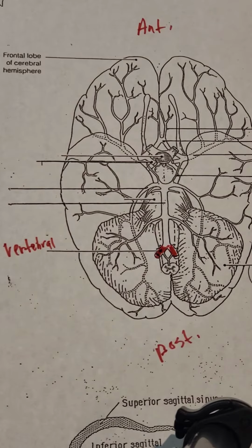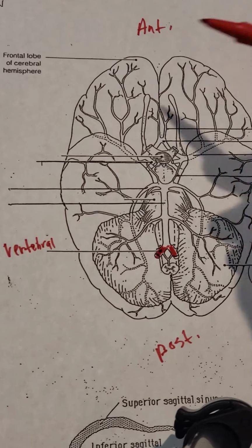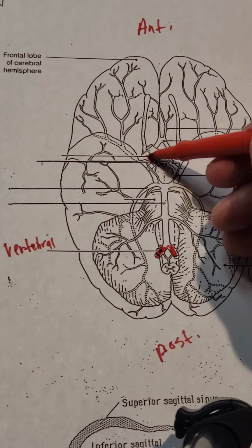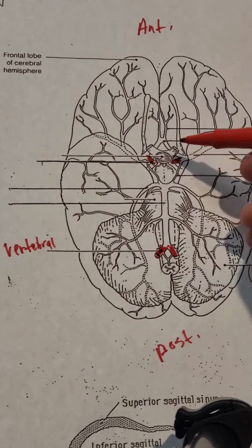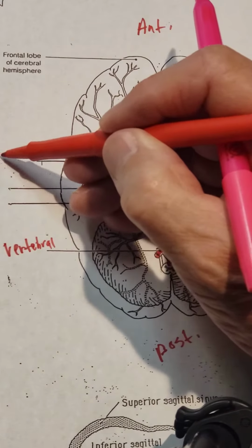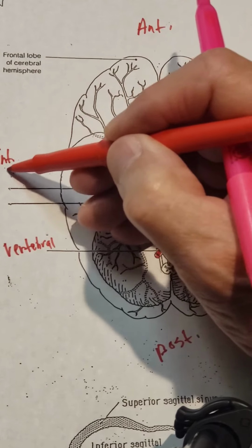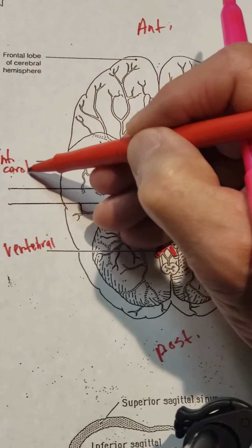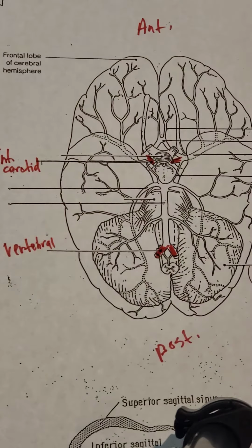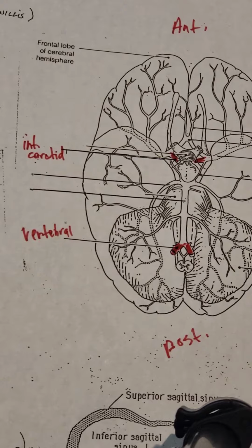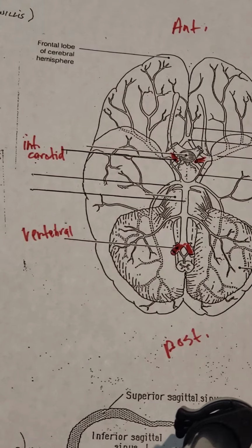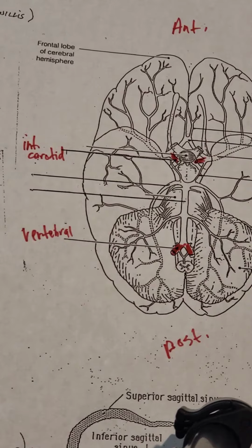The other main blood supply to the brain are these vessels right here, right and left sides. And these are our internal carotid, if you remember that. Remember when we did our artery slides, our two main blood supplies to the brain: vertebral arteries and internal carotid arteries.